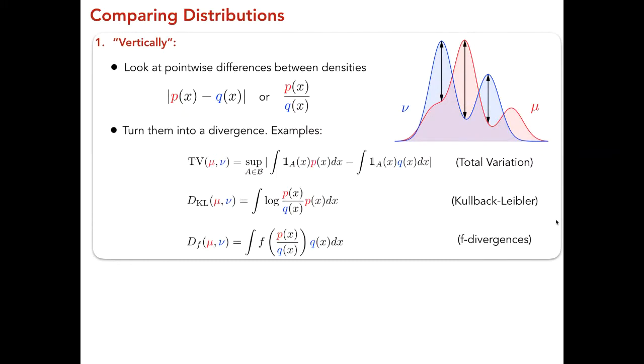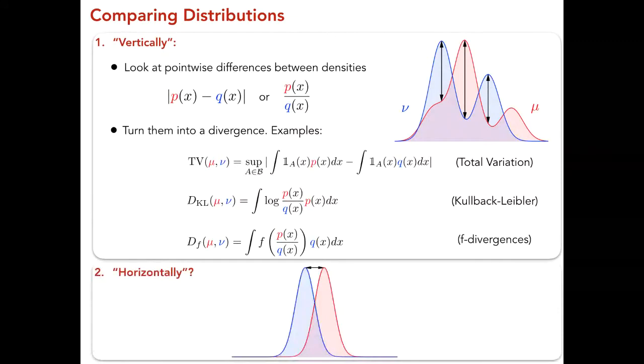And this is a very powerful way of defining divergences that's very widely used in machine learning or in statistics. But in some cases, maybe you'd want to compare your distributions in a horizontal way.